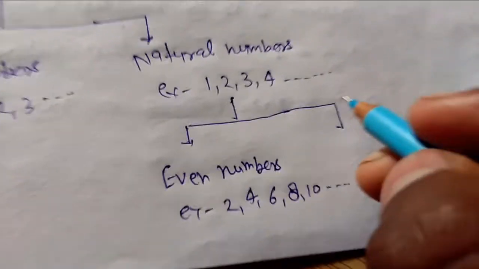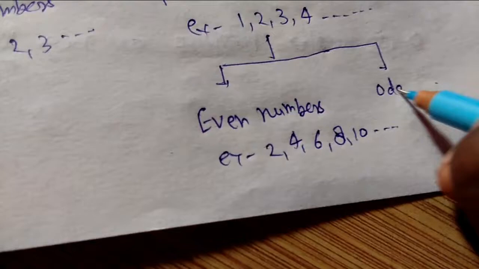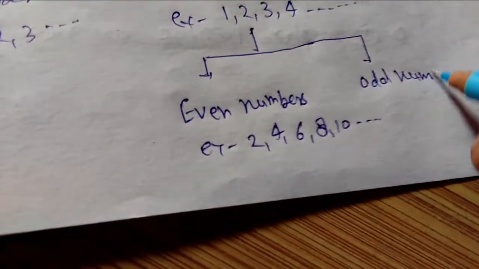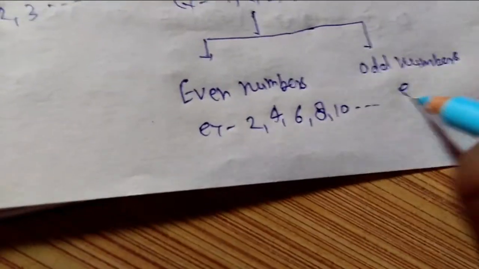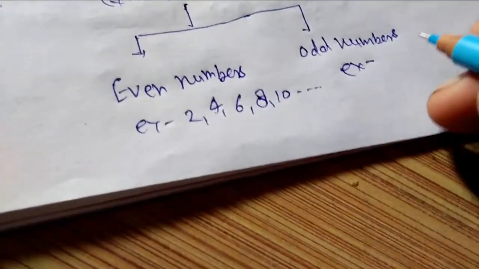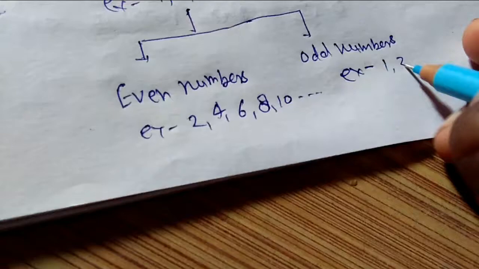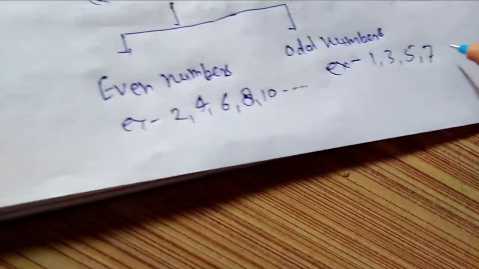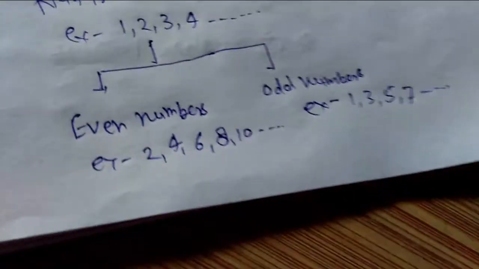And second is odd numbers. Odd numbers are those numbers which are not divisible by 2. Example: 1, 3, 5, 7 and so on.